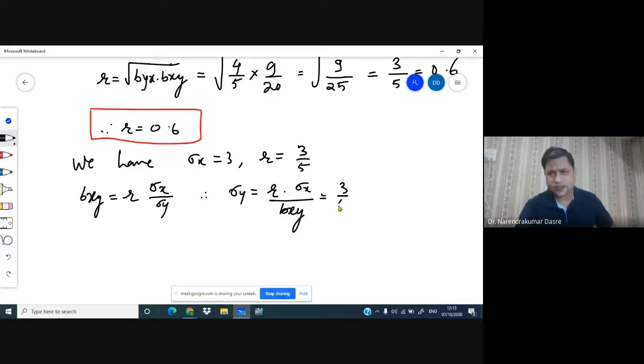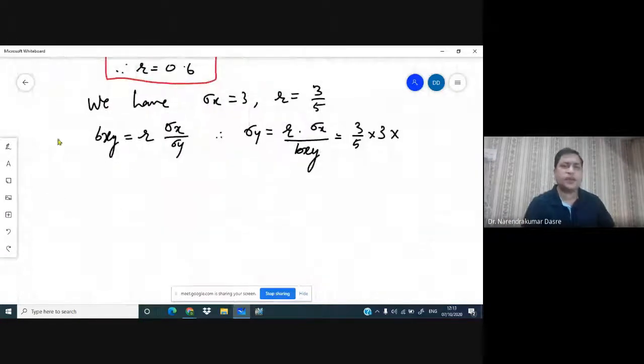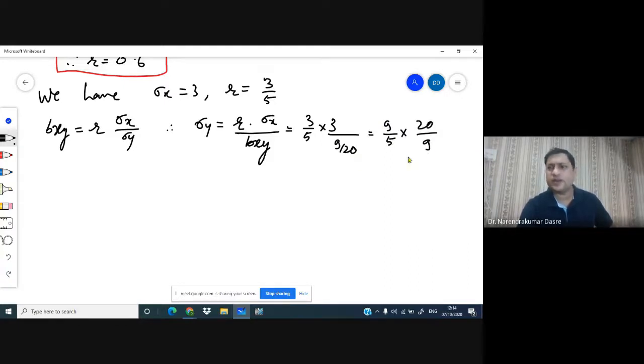So sigma y is r into sigma x upon bxy. Okay, so r is 3 by 5, sigma x is 3, bxy is 9 by 20. So I can write this as 9 by 5 into 20 by 9.